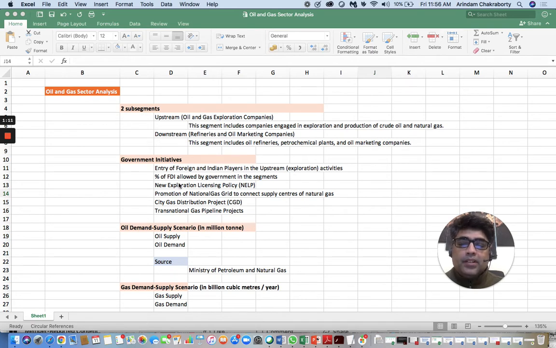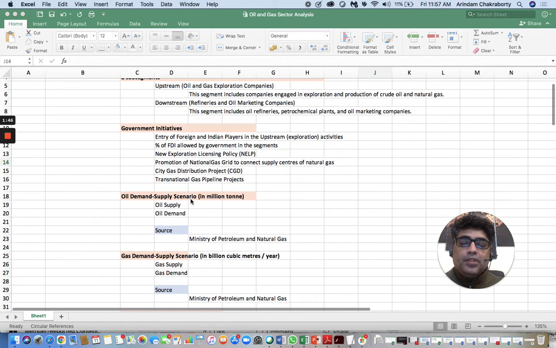That may be in the context of, say, the entry of foreign and Indian players in upstream exploration activities, or the percentage of FDI allowed by the government in these segments, or a new exploration licensing policy, or promotion of a natural gas grid to connect supply centers of natural gas, or city gas distribution projects, or transnational gas pipeline projects. So we need to understand what government initiatives are coming up and how they are going to affect the industry as a whole in the days to come, right?